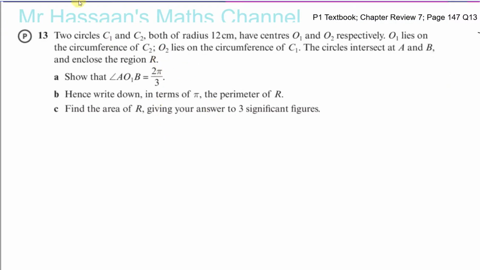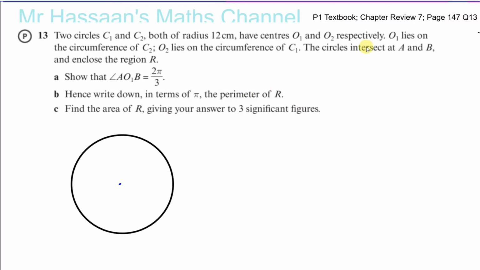Okay, so let's make a little drawing first. Let me just put one center circle there. If you wanted to make your sketch with the compass in the exam, it's perfectly fine. I'm using this tool here.